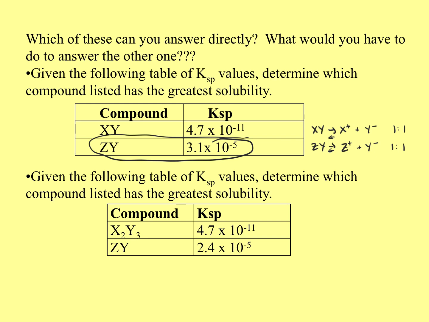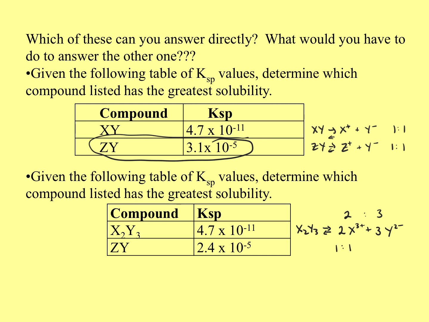Okay. Now for the other one, you can't quite do the same thing because in the first one, it is X2Y3. The equilibrium is going to be 2 X3+ plus 3 Y2-. And you have a 2-to-3 ratio, whereas the other one is a 1-to-1.